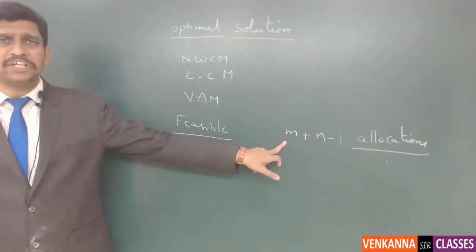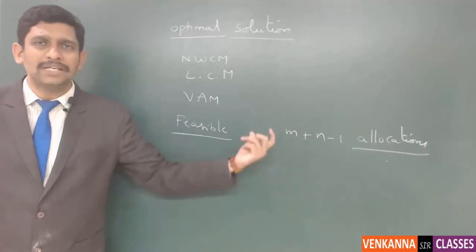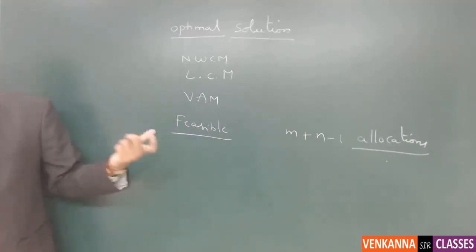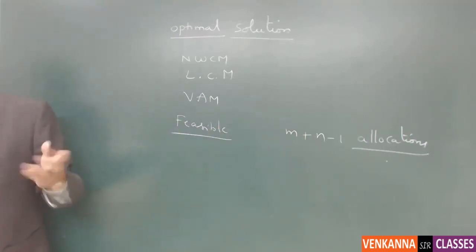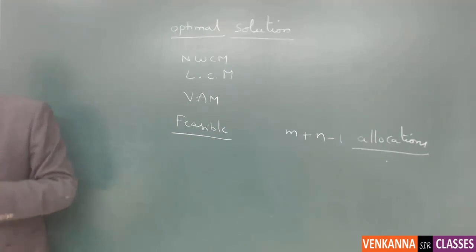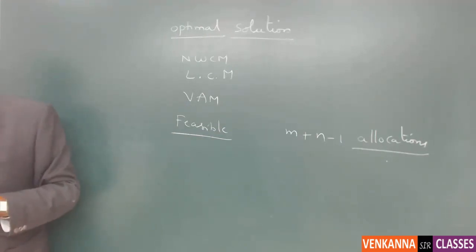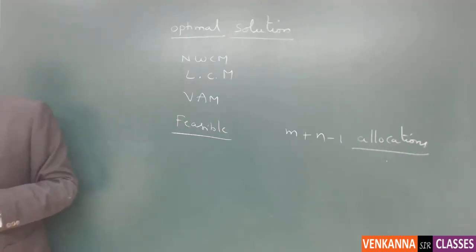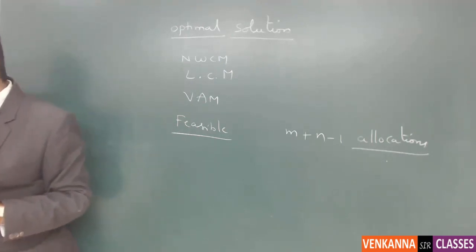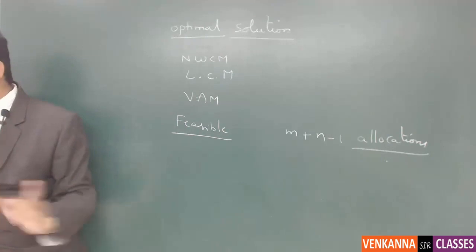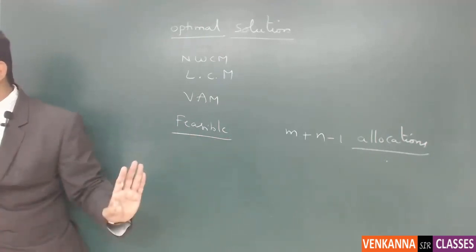If the number of allocations is less than this, you have a degeneracy in the problem. That is a separate case we are going to discuss on Monday. Okay? Is it clear for all? Right. So the number of allocations must tally with m plus n minus 1.